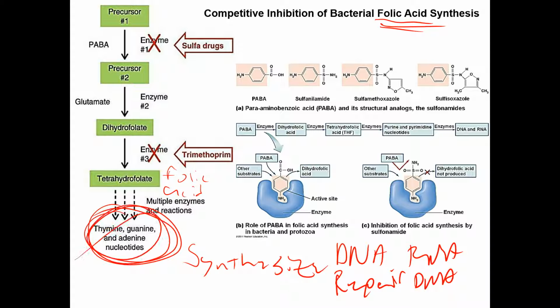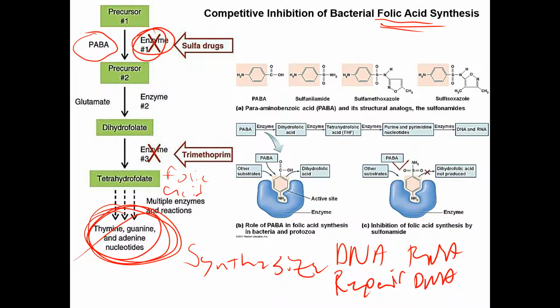They need to be able to make these nucleotides. Normally, notice here, in the first step of this biochemical pathway, we have some precursor molecule and some product of the first reaction, precursor 2. And PABA is the normal substrate for enzyme 1.